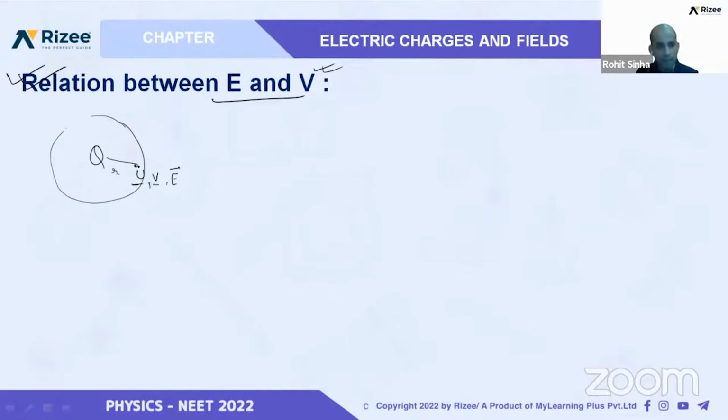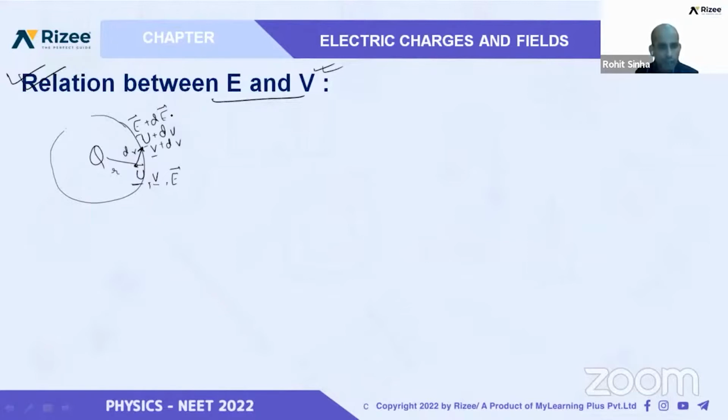Now if we move in any direction by a small displacement dr, let us suppose at this new point we get U plus dU, V plus dV, and E plus dE. By moving dr distance, the values of the electric field, electric potential energy, and electric potential change like this.